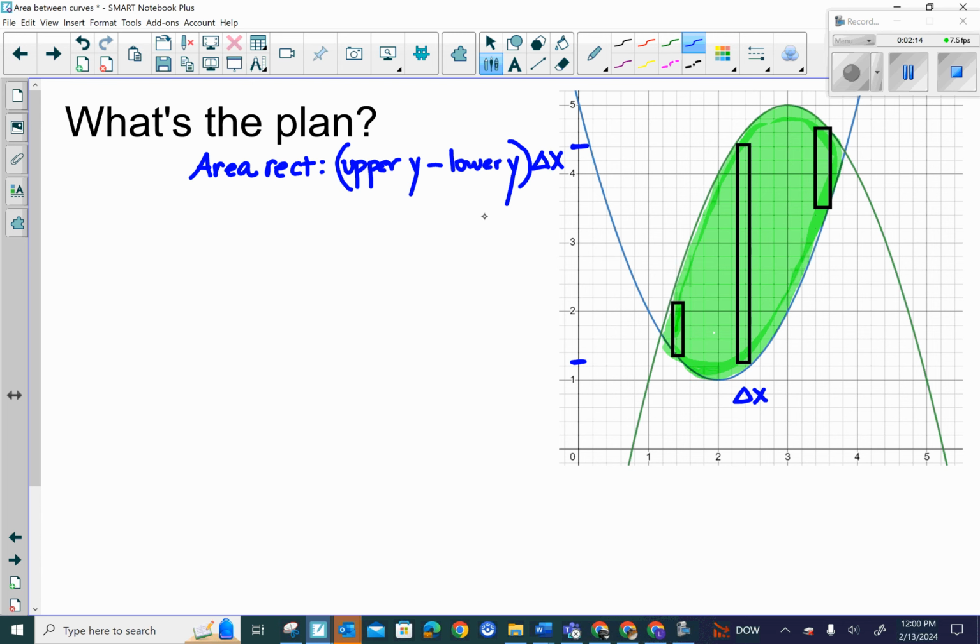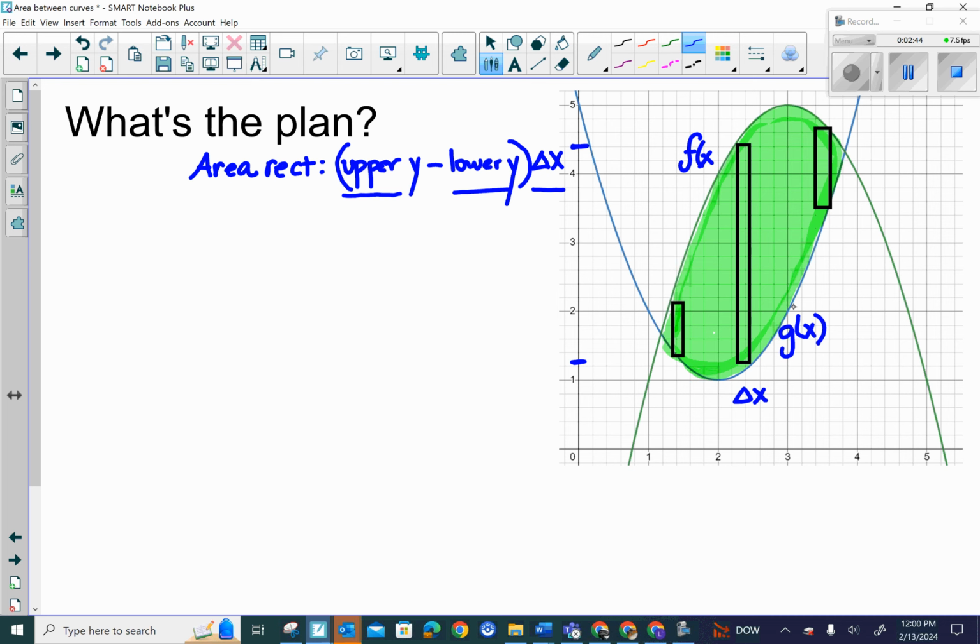Now, since the delta x can't really change its looks, we make sure that in a situation like this our functions for upper y and lower y are in x, so that we have an area function all in x. So I would have to take f of x and g of x.